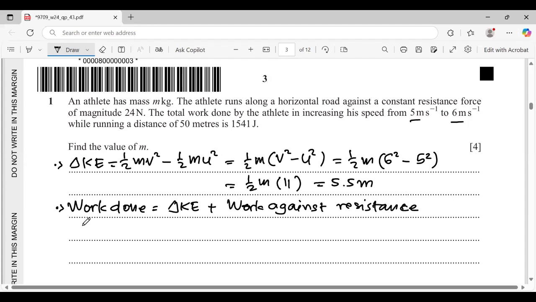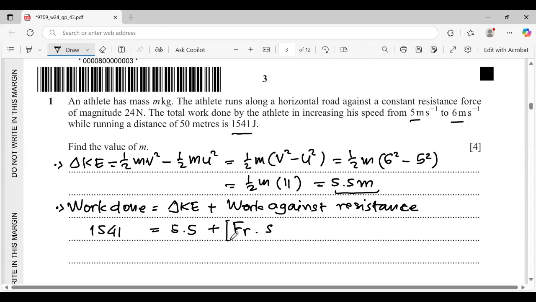Work done according to this information is 1,541, plus the change in kinetic energy, 5.5 m, plus the work against resistance, which is Fr times s.